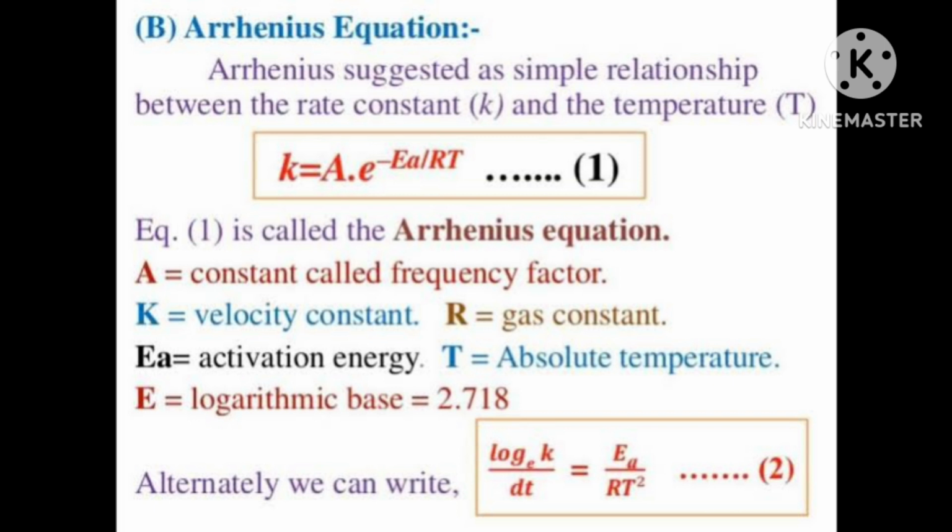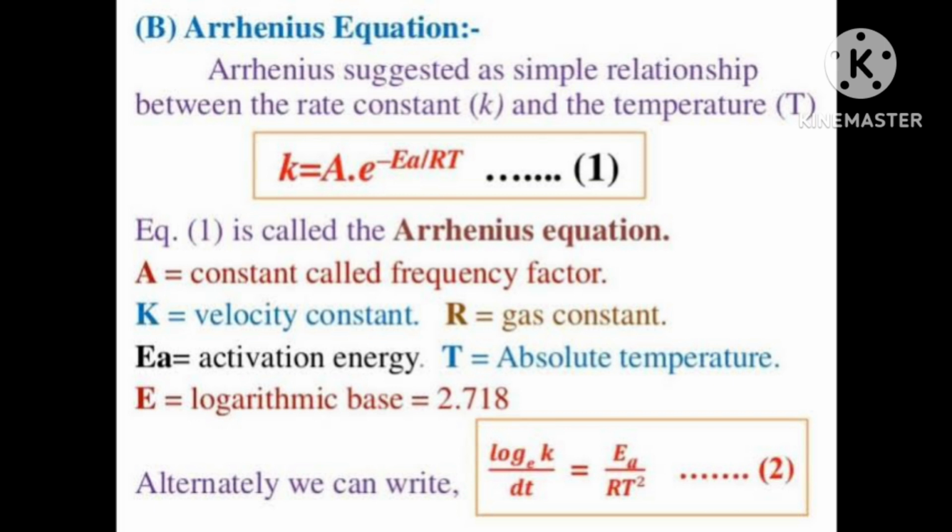Here, if you increase the temperature, then what will happen? In the beginning the peak was there, one graph you have already seen, with the peak maximum. Now if you increase the temperature, then what will happen?